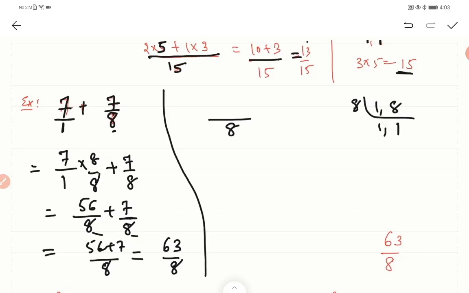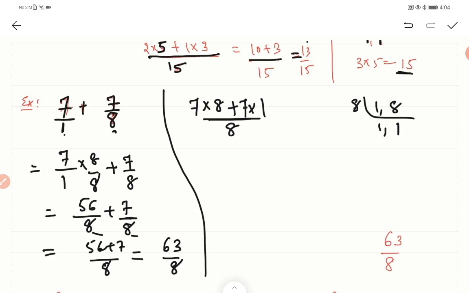Then what is the next step? Our numbers were 7 by 1 plus 7 by 8. For the denominators, I got 8 as the LCM. So how many times does 1 go into 8? It is 8 times, isn't it? Plus 8 and 8 get cancelled. It is 1.